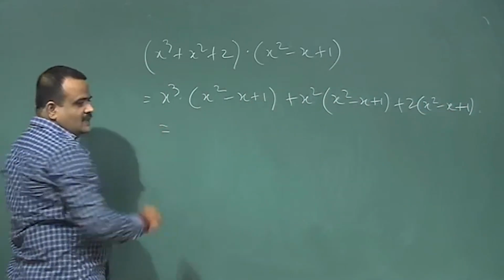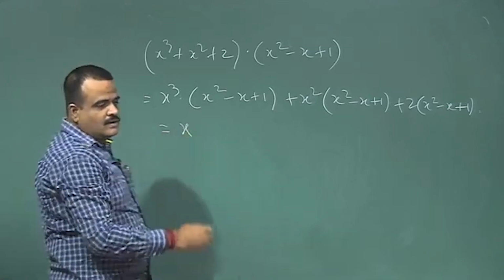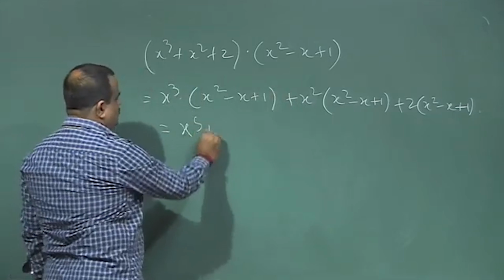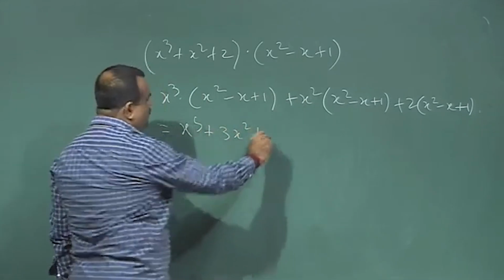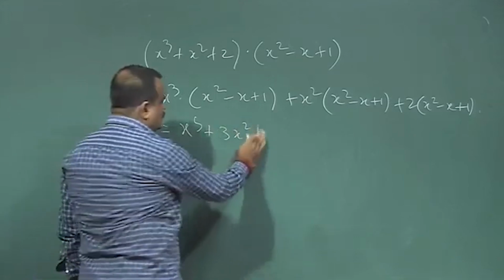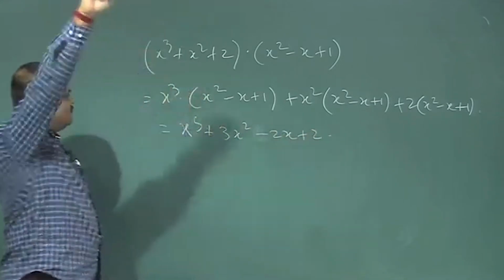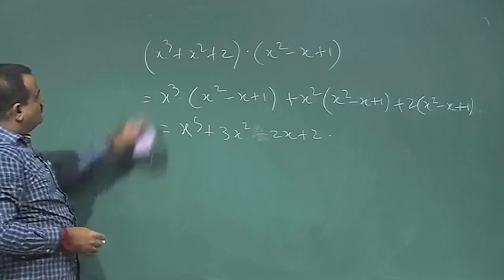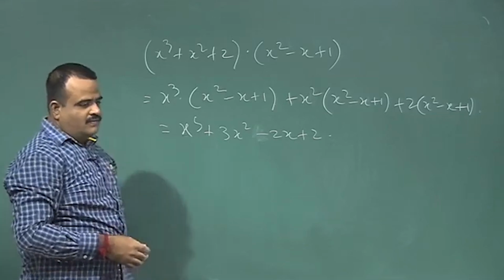So, this will give us x to the power 5 plus and so on. Here we need to do the addition operation over the ring or over the field. So, minus 2x plus 2. So, a simple multiplication operation, and the degree will be the degree of this polynomial plus the degree of this polynomial. So, this is 5. Okay.